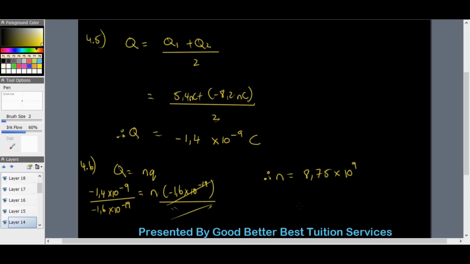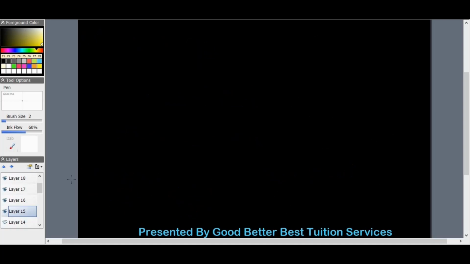So what we have to do is take the extra number of electrons that was added to ball B, which was 5,125 times 10 to the 10, and minus the amount of electrons that was transferred, which is 8,75 times 10 to the 9. Once we do that, we'll get an answer.